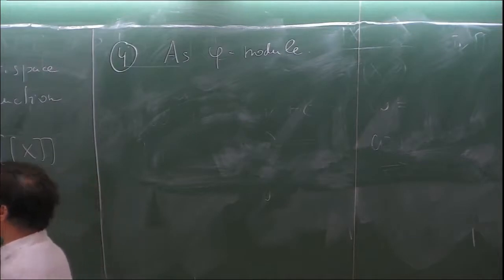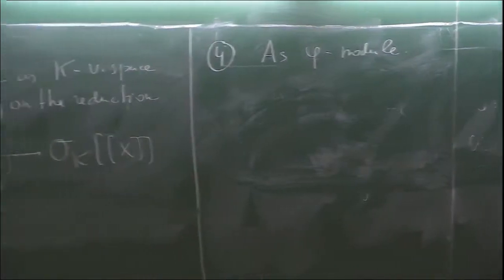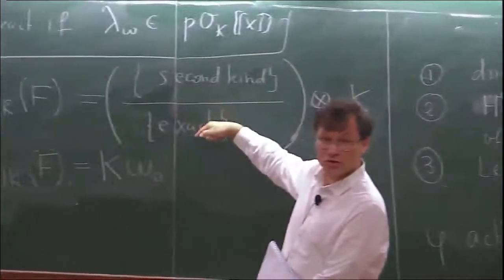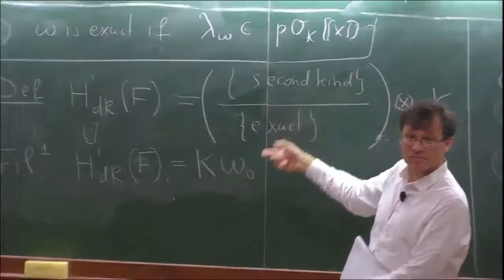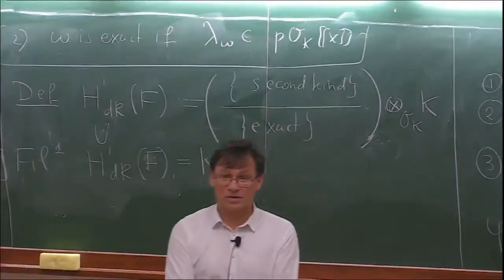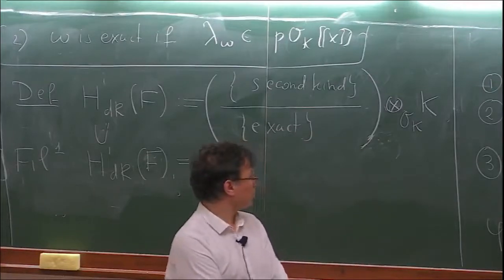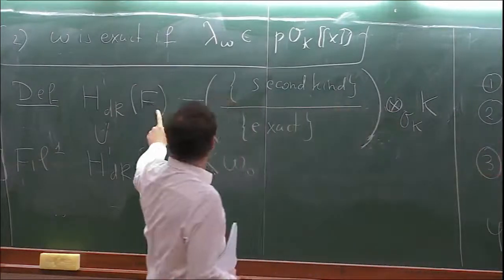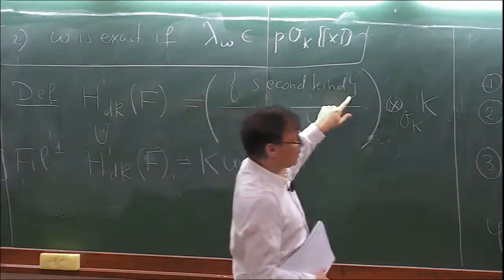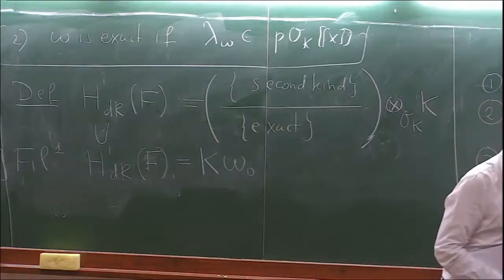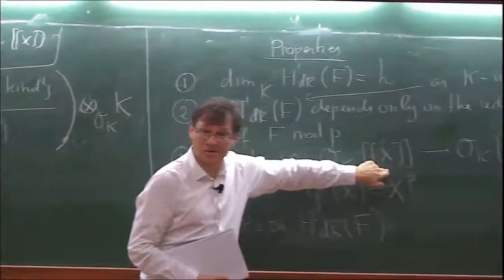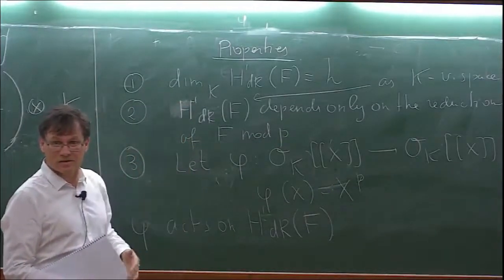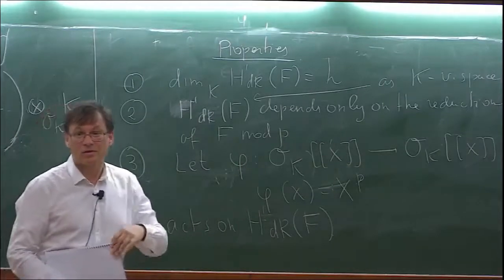You consider the action of phi on the forms of the second kind, and because you take the quotient here, you should check that it is well defined. H1 dR of F is a quotient of the forms of the second kind which live in OK[[X]].